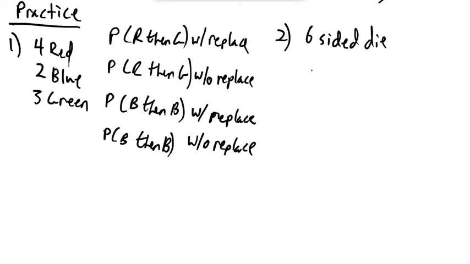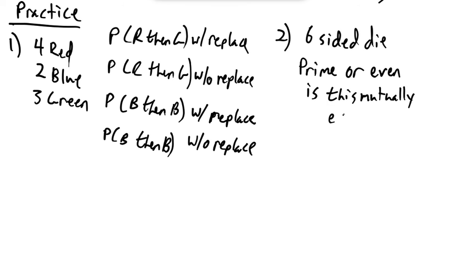Let's say you're rolling a prime or an even. Is this mutually exclusive? And then tell me what the probability is.